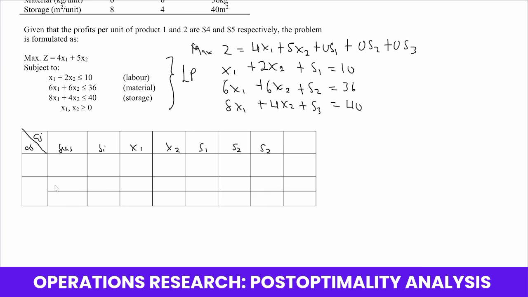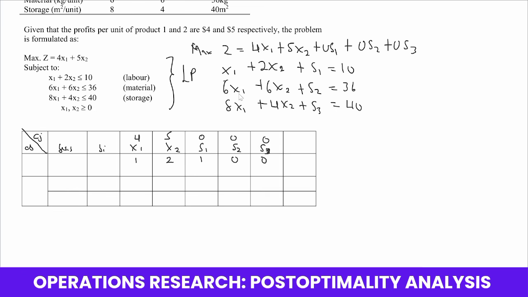Let's look at the coefficients of the variables in the objective function. We have 4, 5, 0, 0, 0. From the first constraint, we write the coefficients here. We have 1, 2, and S1 is 1. You don't have S2 and S3 here, so it will be 0, 0.